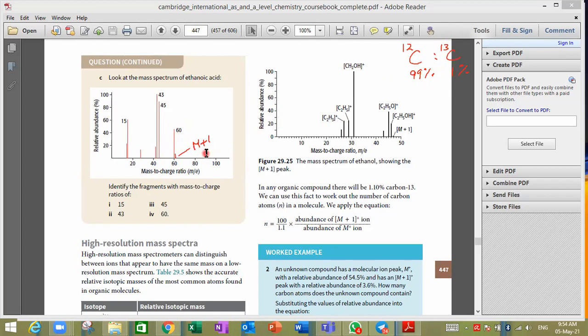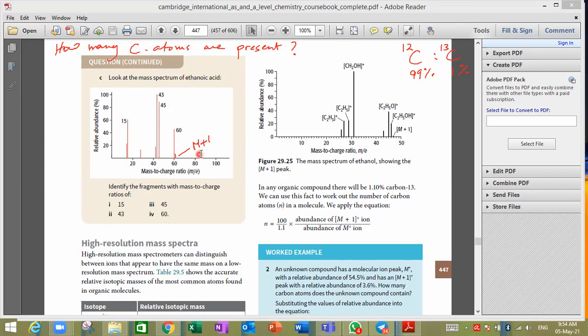Okay. So we want to benefit from this peak, and the benefit is that we use it to calculate how many carbon atoms we have in our molecule. We are going to use a rule for this.